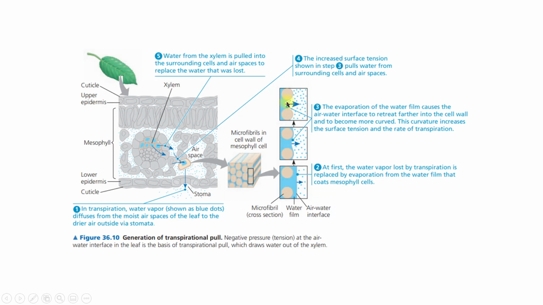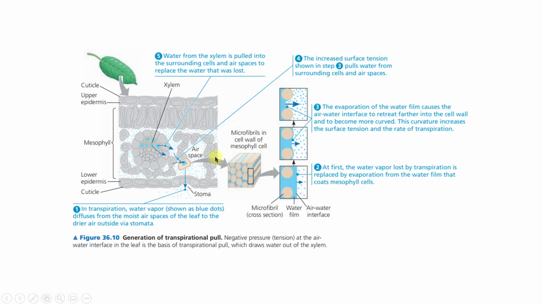This curvature increases the surface tension and the rate of transpiration. How does the rate of transpiration increase? Does it make sense? Yes, because more water is lost from the plants, right?